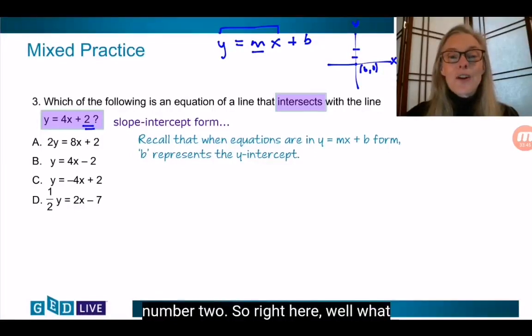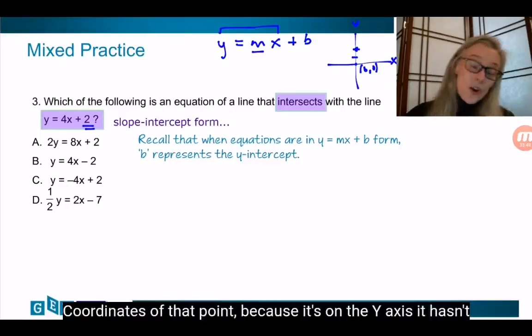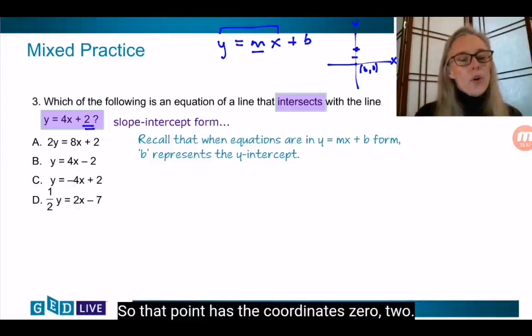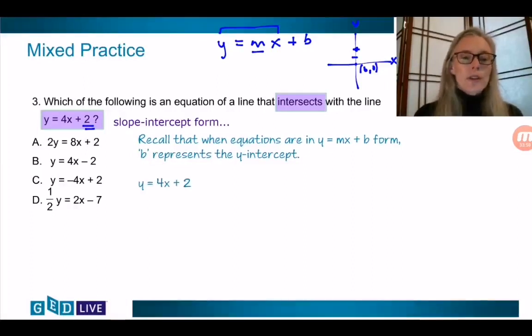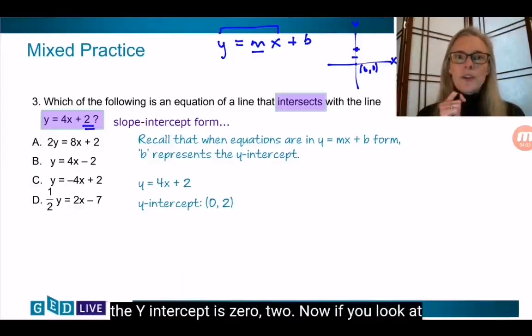So right here. Well, what are the coordinates of that point? Because it's on the y-axis, it hasn't gone anywhere on the x-axis. Its x-coordinate is 0. So that point has the coordinates 0, 2. So for this line, the y-intercept is 0, 2.